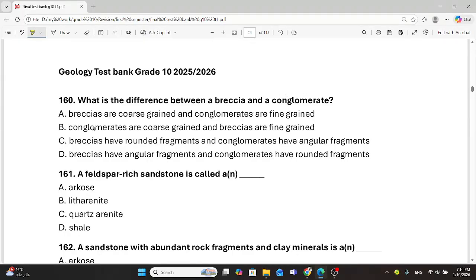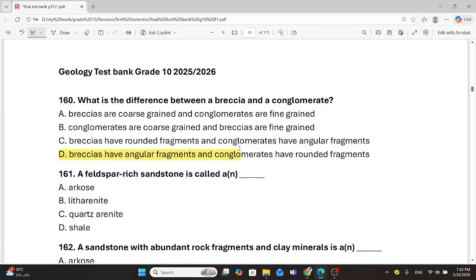طيب بعد كده what is the difference between a breccia and a conglomerate. طيب breccias are coarse clastics and conglomerates are fine grained. Well, conglomerates are coarse clastics and breccias are fine grained. Well, breccias have round fragments and conglomerates have angular ولا العكس. لا العكس صحيح.